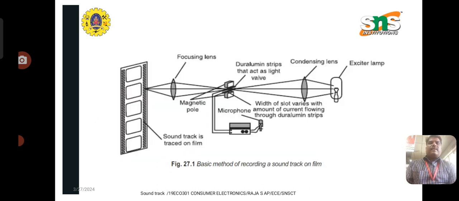So this is the image showing how the sound signals are reproduced. If you see the figure, on the left-hand side is the sound film, and on the right-hand side is the exciter lamp. Through this condensing lens, the lens focuses the light image onto the soundtrack. Based on the conversion of light into sound energy, they reproduce the sound.